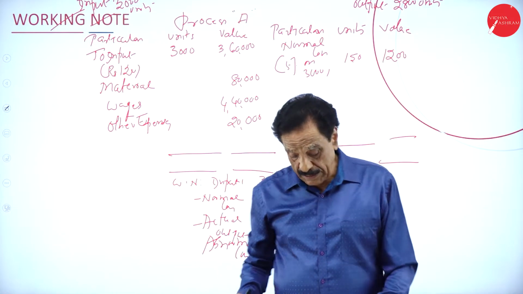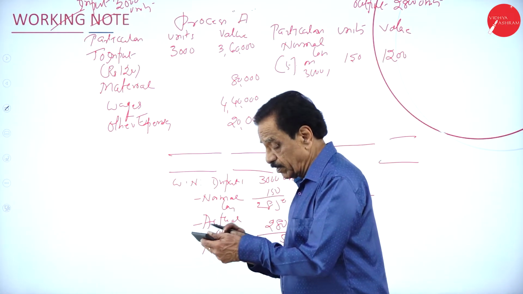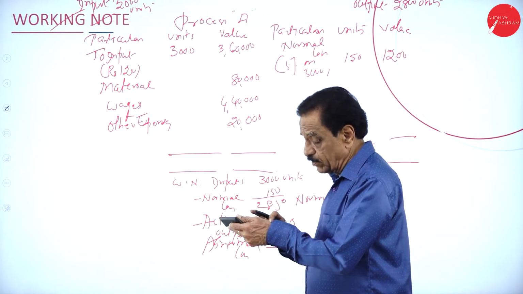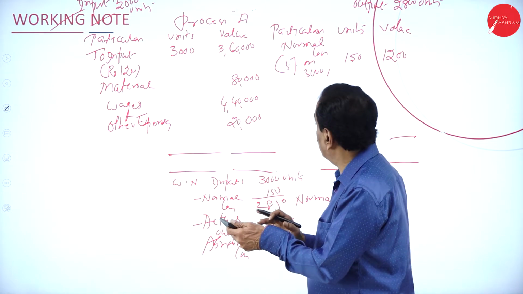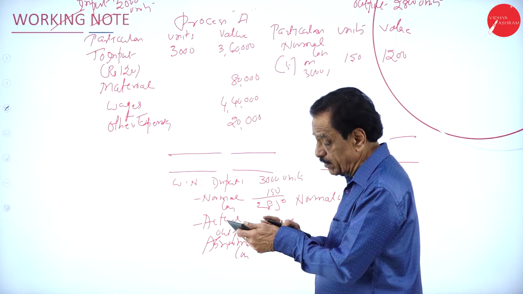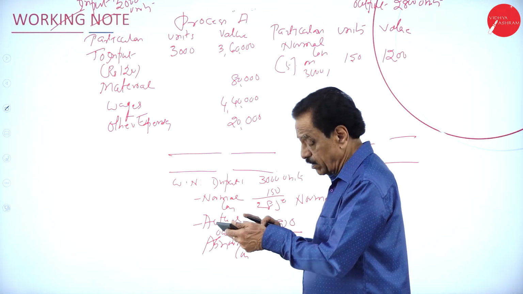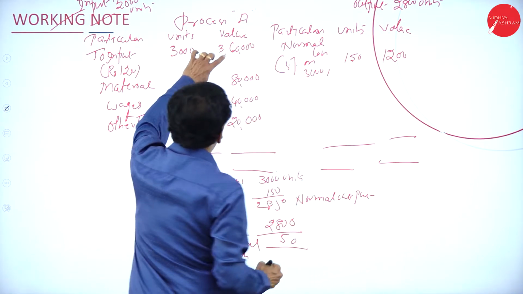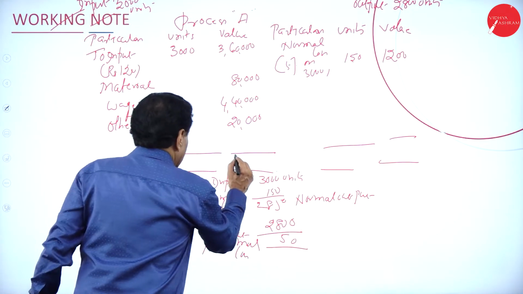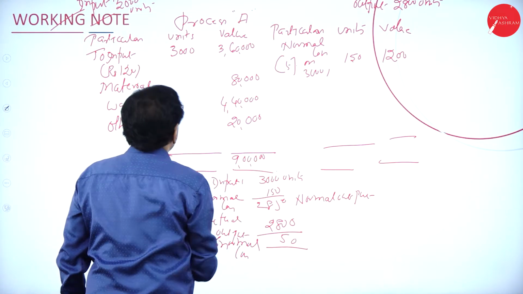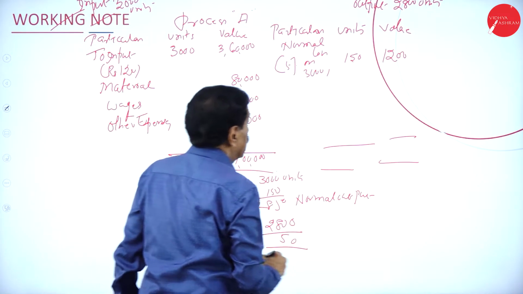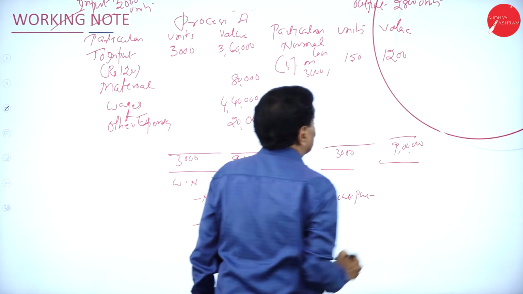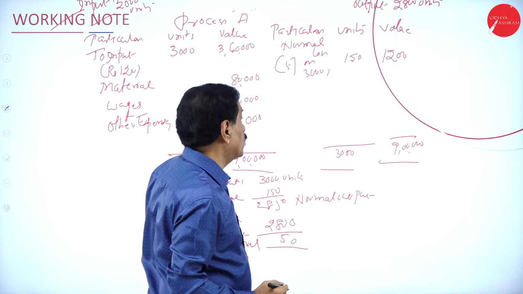Abnormal loss. Then total expenditure: 3,60,000 plus 80,000 plus 4,40,000 plus 20,000. So 9 lakh. It's 9 lakh. So out of 9 lakh, how much realized? 1,200.